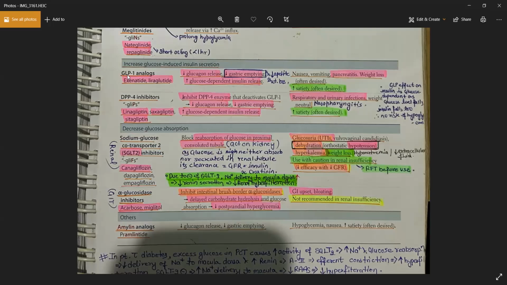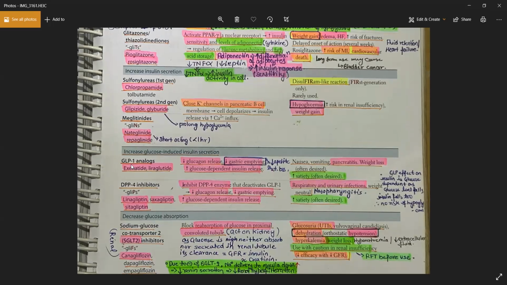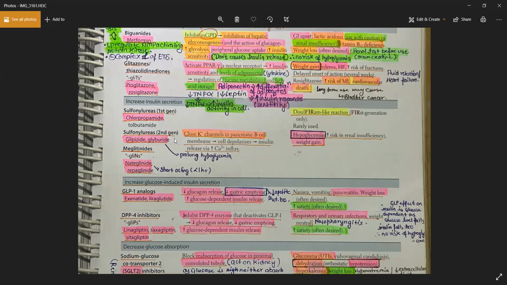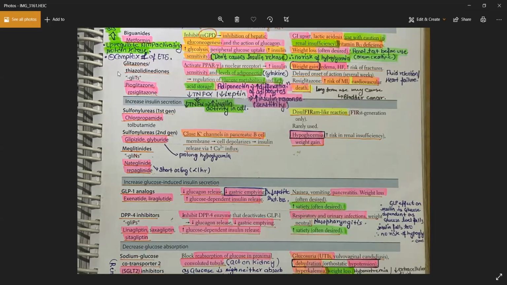Okay, and glitazones cause bladder cancer. Yes, they cause bladder cancer for long-term use.